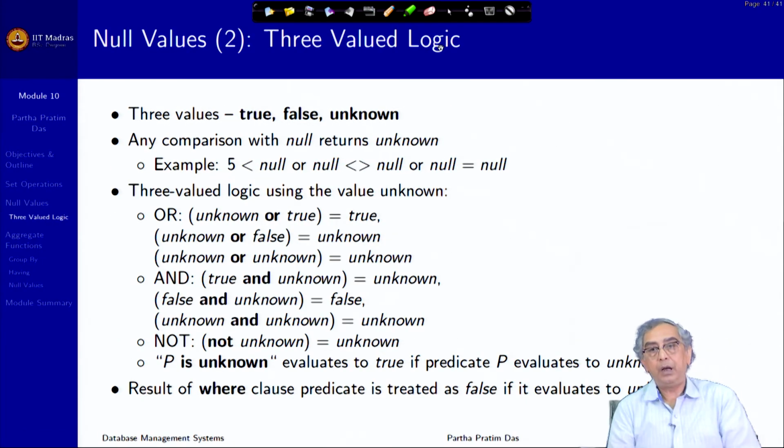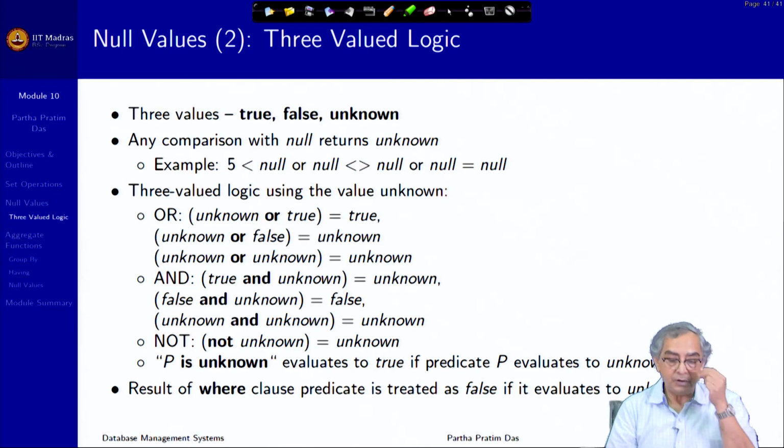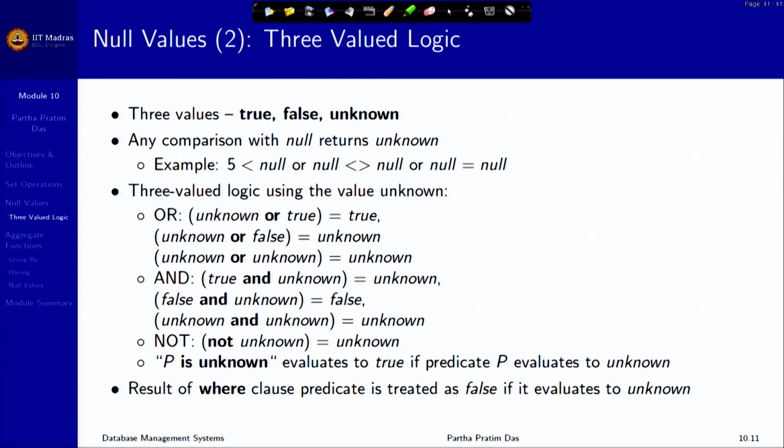Now, with null, how do things work with Boolean algebra? Boolean algebra has truth values like true, false, and now we are getting something which is unknown. Now, what is unknown? Is unknown true or is unknown false? Is unknown something different?